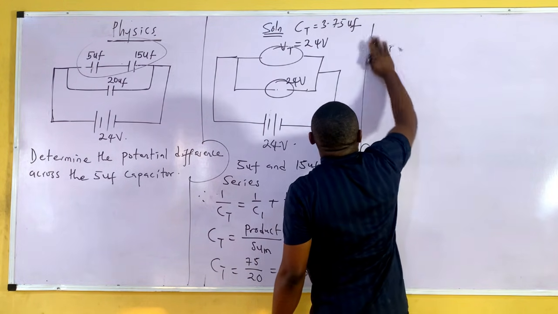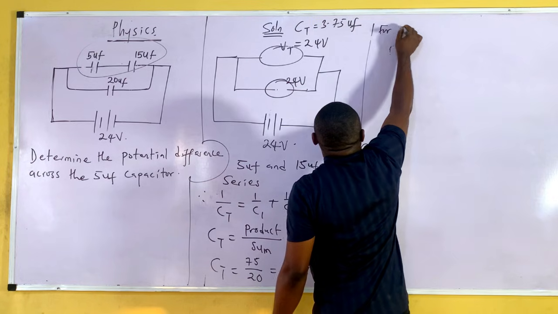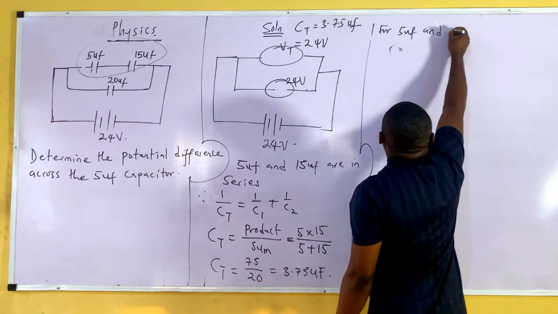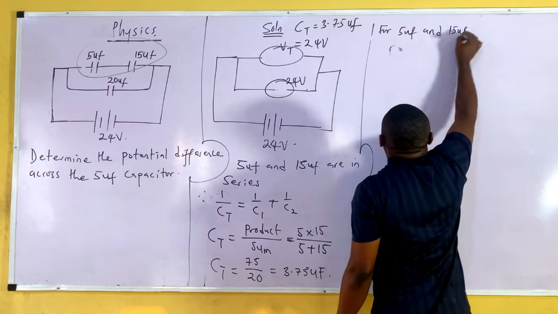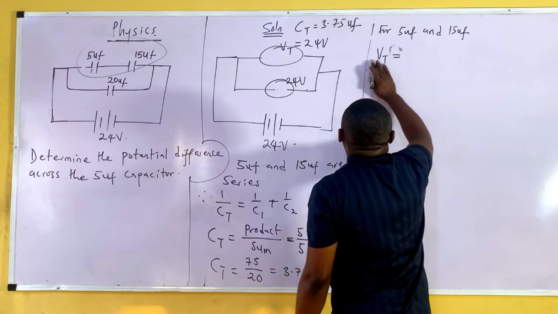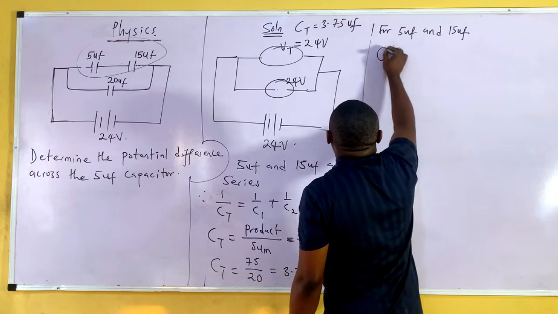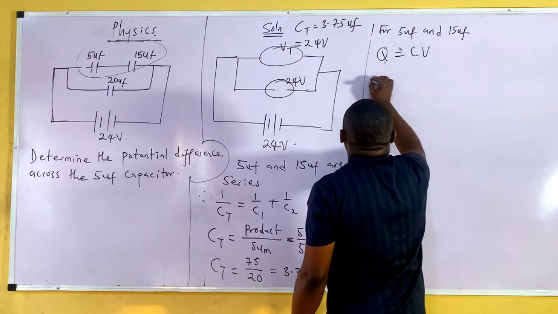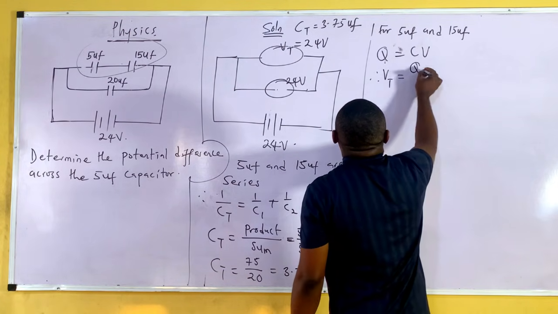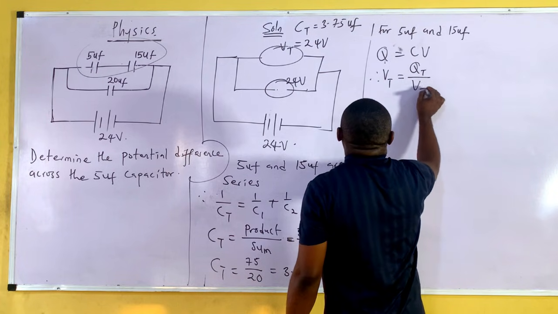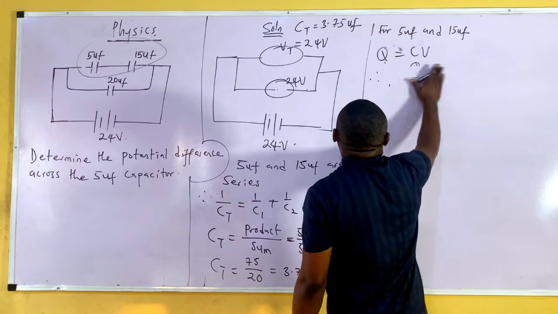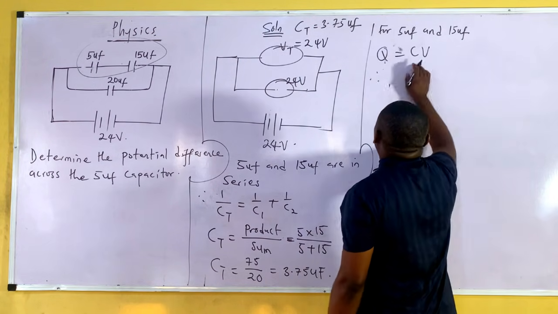Total charge for 5 microfarad and 15 microfarad. You know that Q is equal to CV. We're looking for Q. We're looking for the charge, sorry.